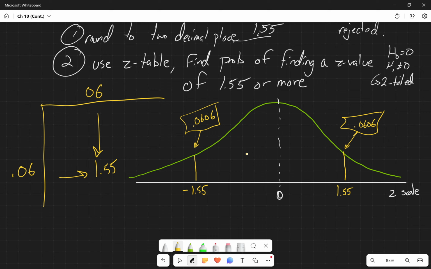Take a look at our null and alternative hypothesis, figure out if it's a two-tailed test or one-tailed. If it's two-tailed, we're going to take whatever that probability is and multiply it by 2. This is going to equal 0.12.